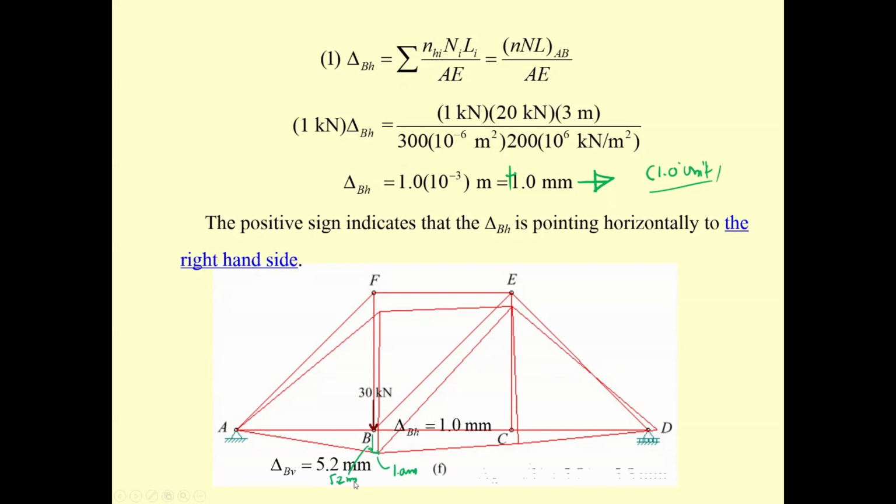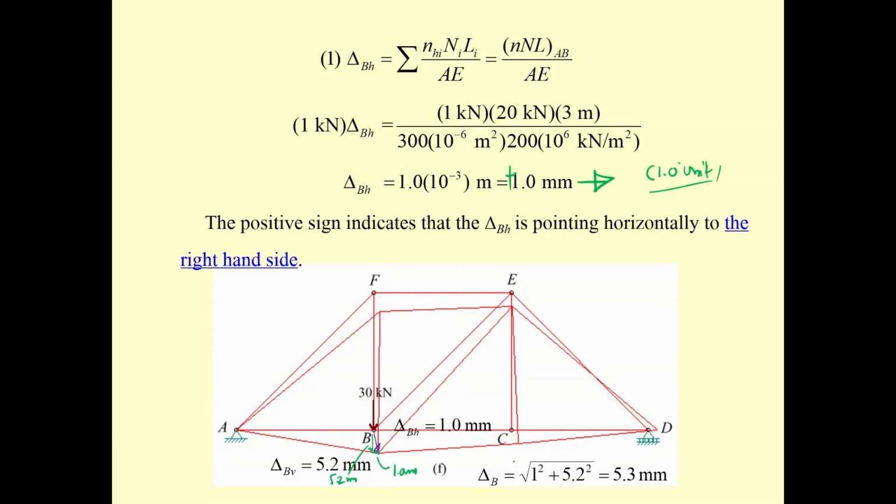The absolute is going to be the square root of 1 squared plus 5.2 squared. That's going to be 5.3. And the resultant deformation is going to be in this direction.